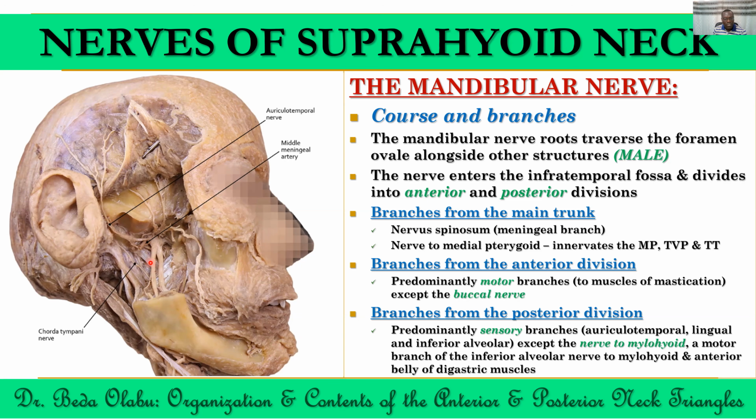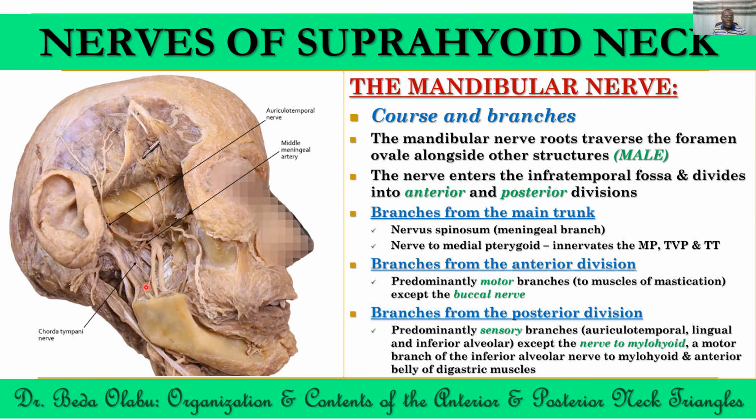Just before the inferior alveolar nerve enters the foramen, it gives rise to the nerve to mylohyoid, which is this one. This nerve to mylohyoid is the only motor branch from the posterior division of the mandibular nerve. It supplies the anterior belly of digastric muscle as well as the mylohyoid muscle.